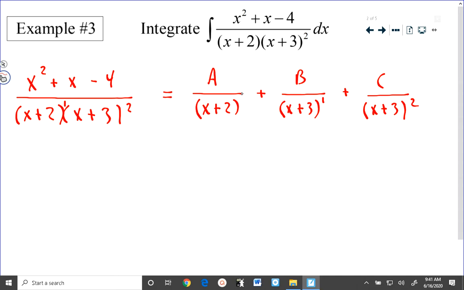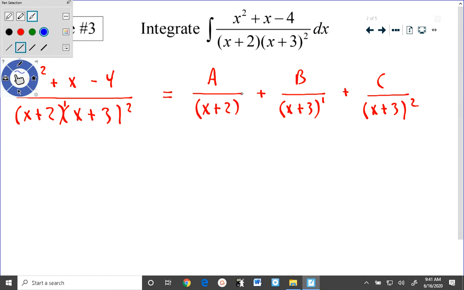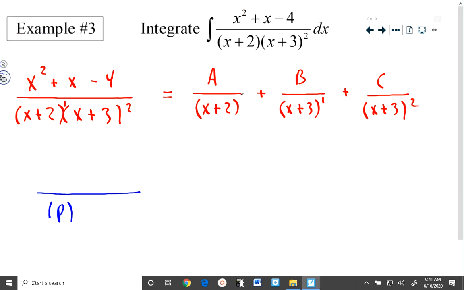Just as an illustration here, if you had a rational expression that contained the following denominator factors. You had one factor which was p. It doesn't matter what p is. It could be x plus 8, it could be x minus 5, it could be x.